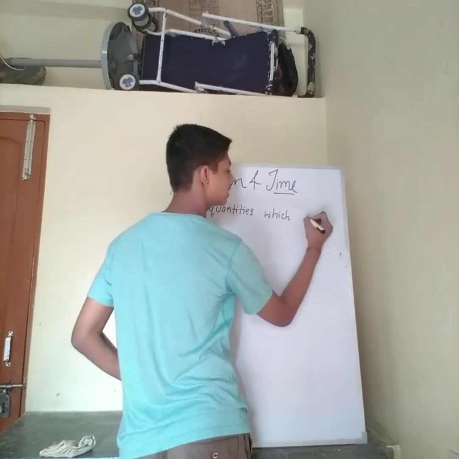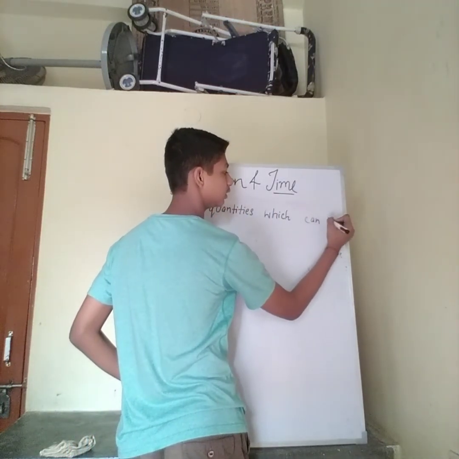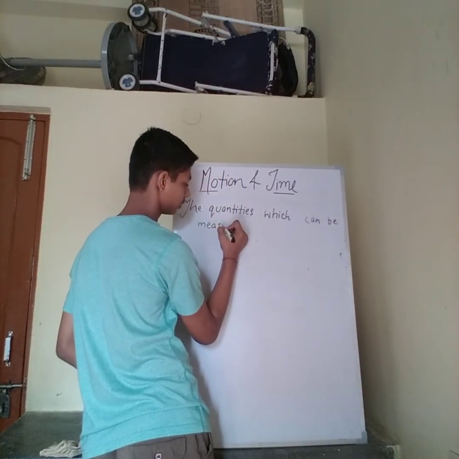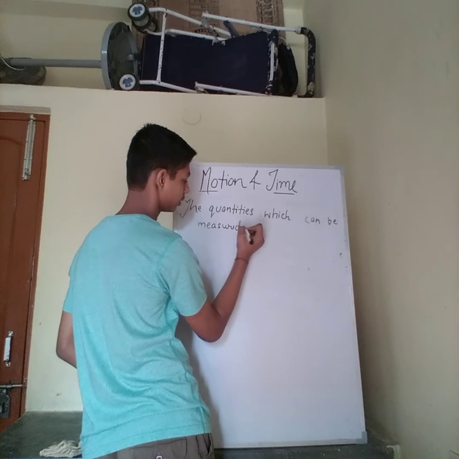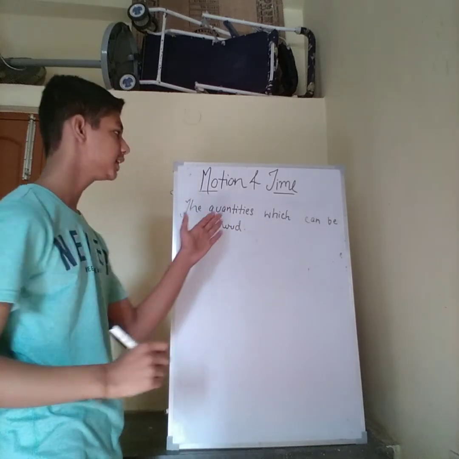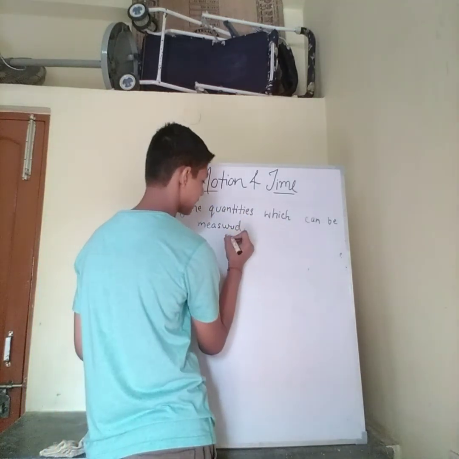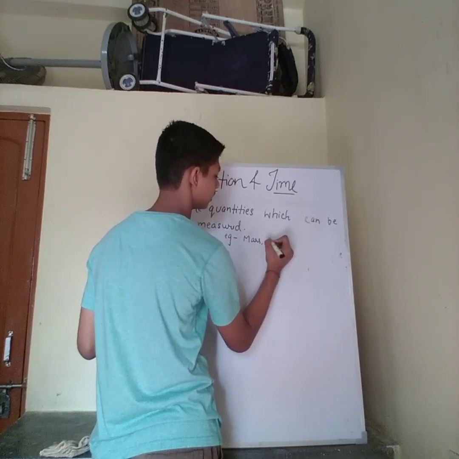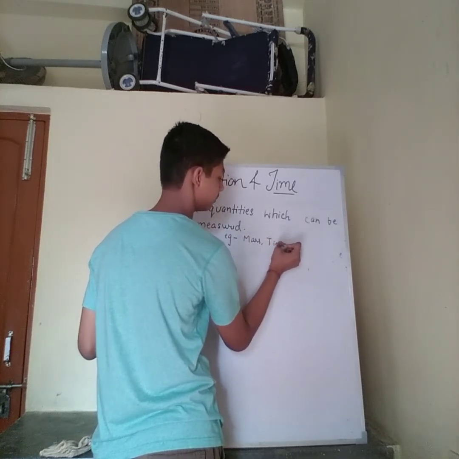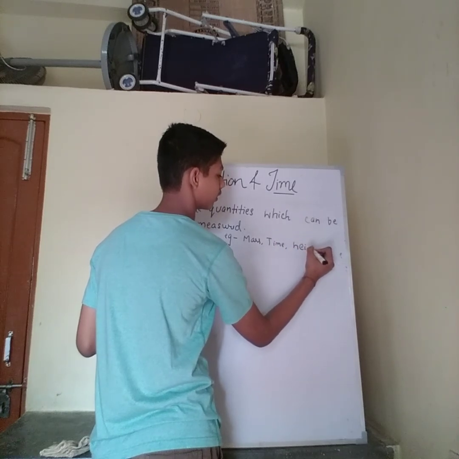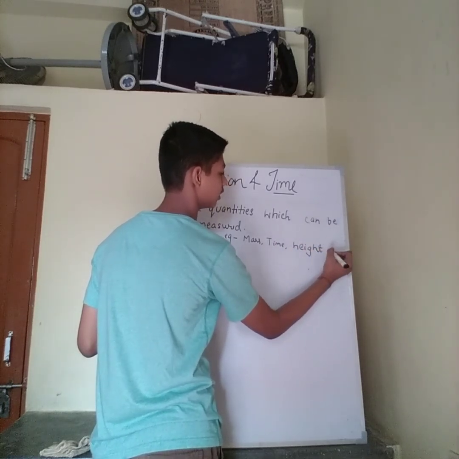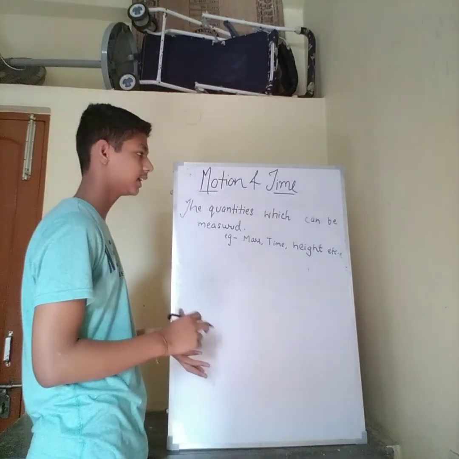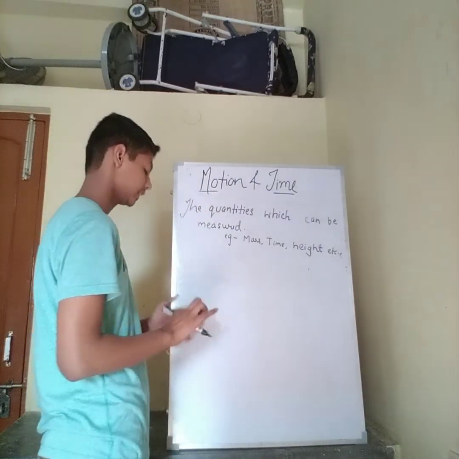The quantities which can be measured. Okay, the quantities which can be measured. For example, mass, time, height, etc. Okay, the quantities which can be measured are called physical quantities.